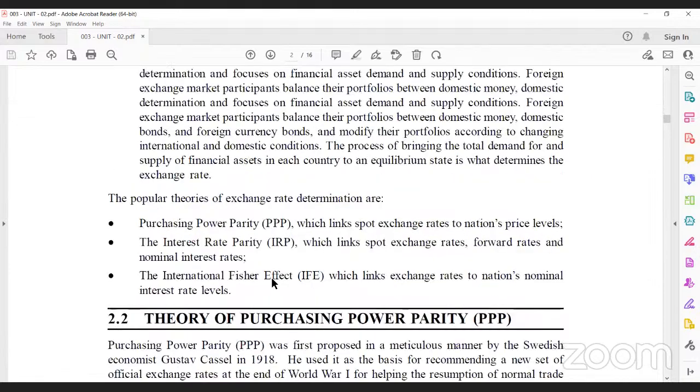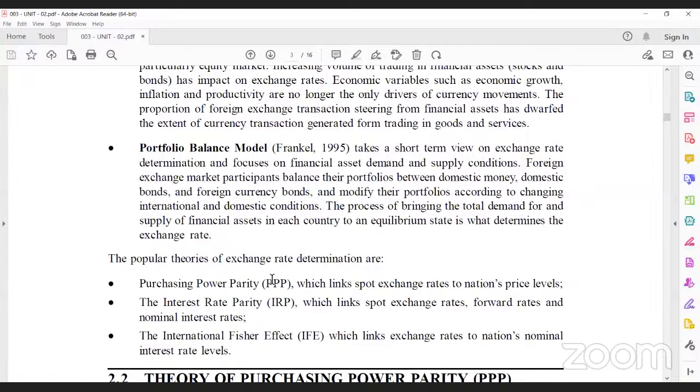Now let's move on to the next model, which was given by Frankel in the year 1995, and this is the portfolio balance model. This model focuses on the financial asset demand and supply conditions. Exchange market participants balance their portfolios between domestic money, domestic bonds, and foreign currency bonds.